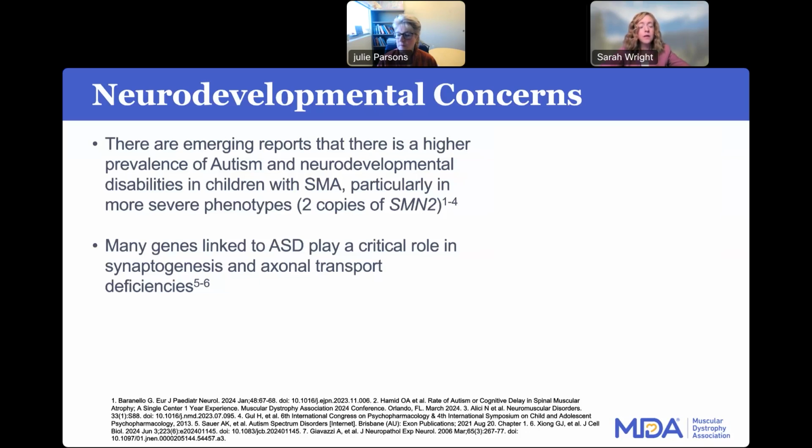And so it's possible that there is some overlap, as we know that many genes in autism spectrum disorder are linked to disorders of synaptogenesis and axonal transport. It may be that a lack of this spinal muscular motor neuron in the CNS may have some implications, particularly those with more severe phenotype and less copies of SMN2. Next slide.